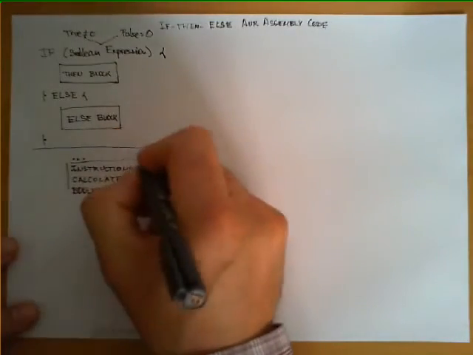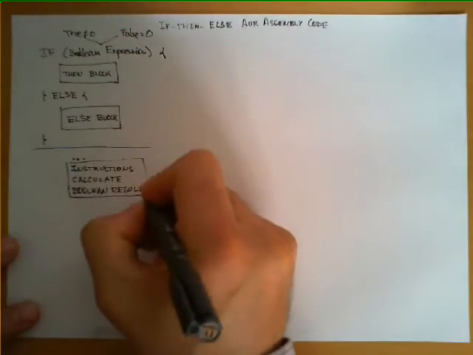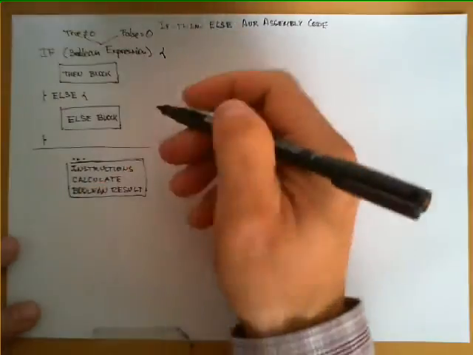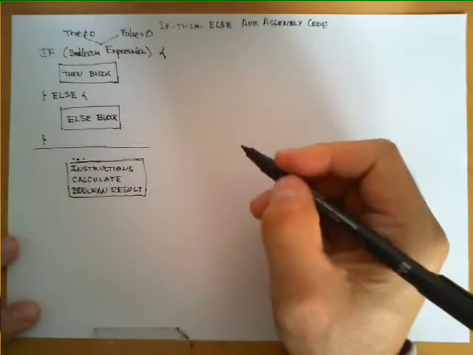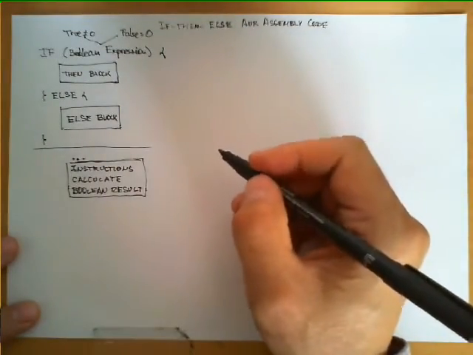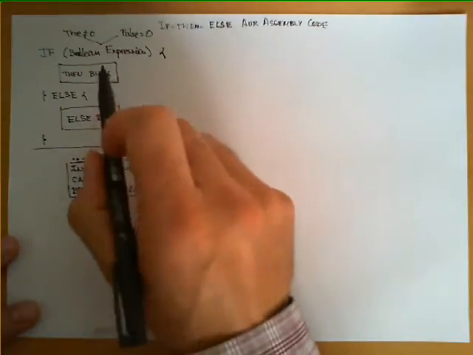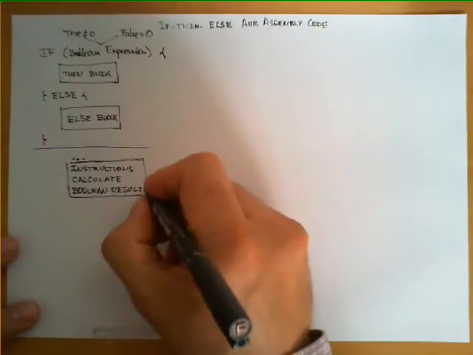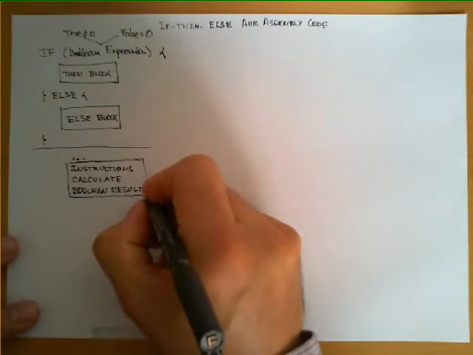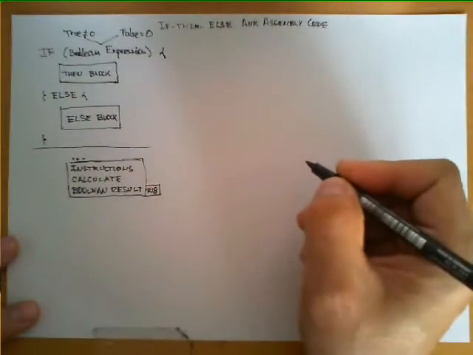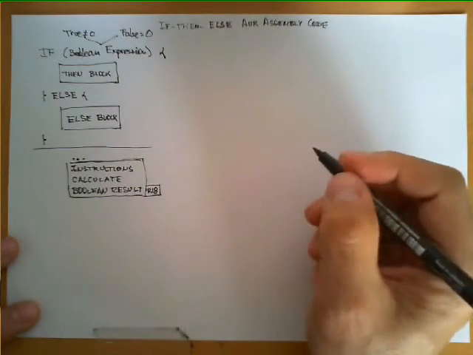How many instructions we need for this is difficult to calculate in advance, especially because this Boolean expression can be arbitrarily complex. But let's assume that all these instructions produce this result, and for the sake of this example, that the result is stored in register R18.